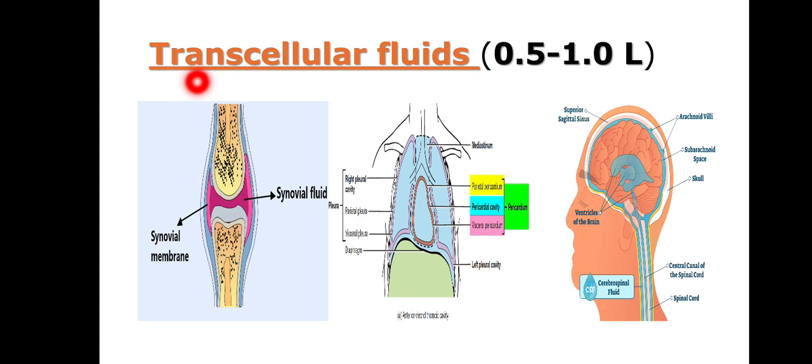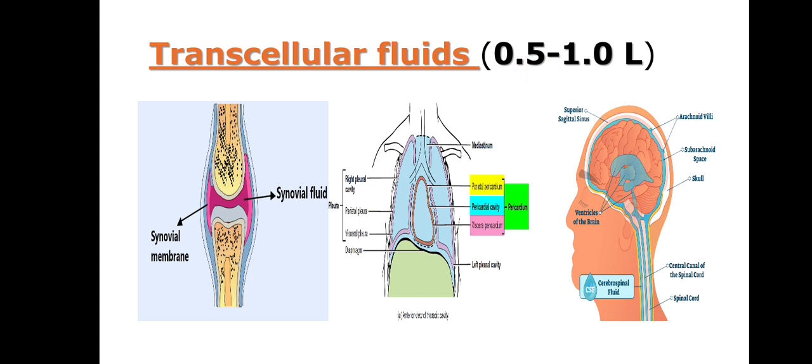The plasma is the fluid that's found in the blood vessel, outside the cells of the blood. And then we have the transcellular, the fluid that is collected in these body cavities displayed here. We have the synovial fluid, the pericardial fluid, and the cerebrospinal fluid. These are considered to be transcellular fluid, and they're about 0.5 liters.